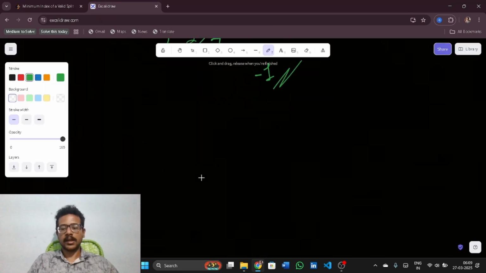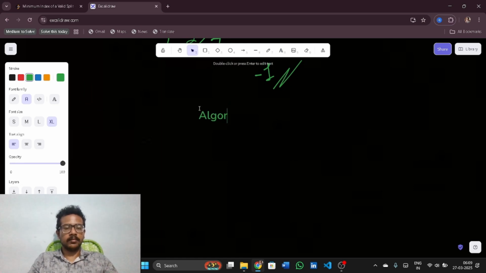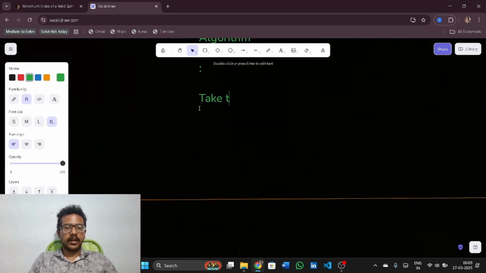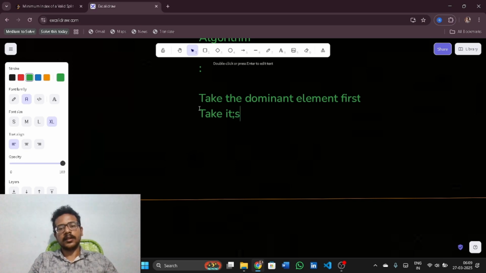So what would be my algorithm? My algorithm goes something like this. First, take the dominant element. First, take its frequency.